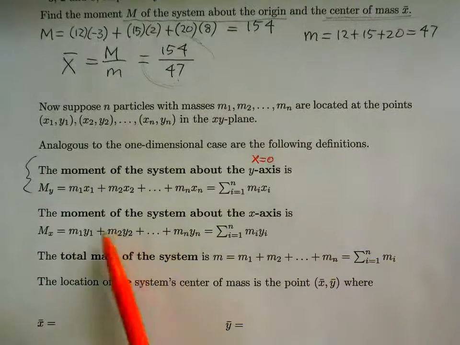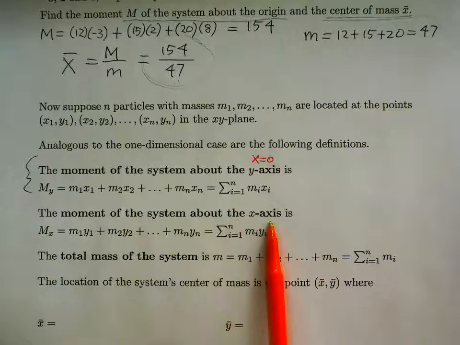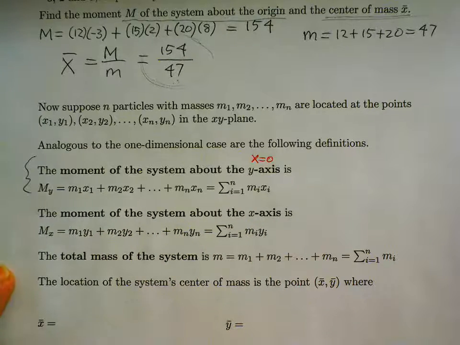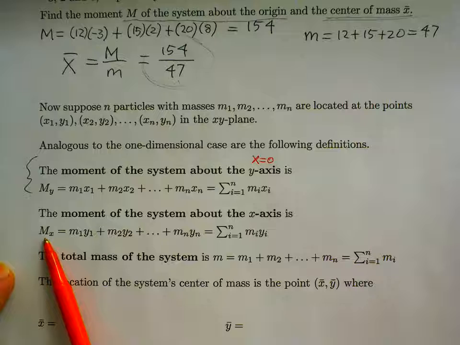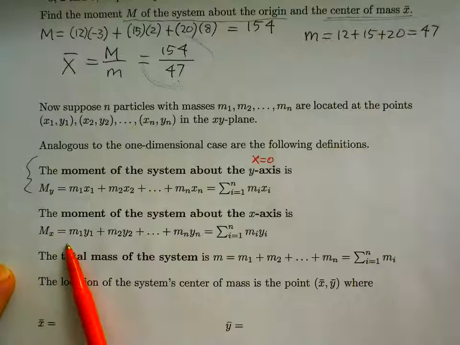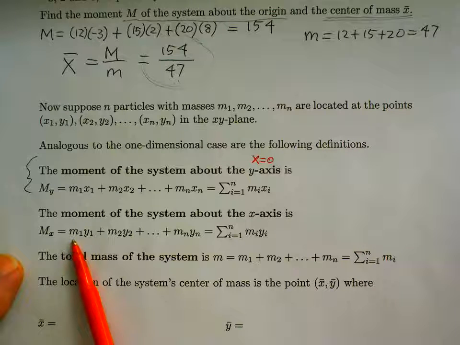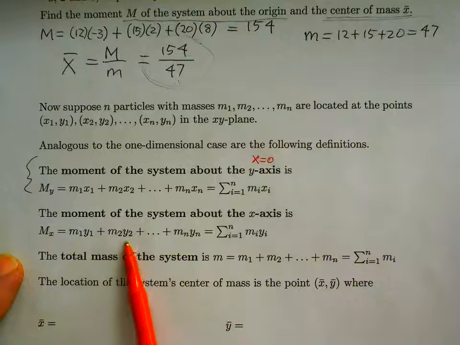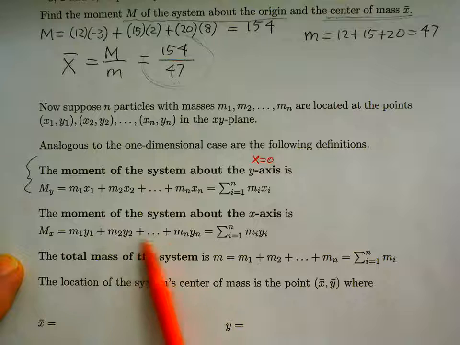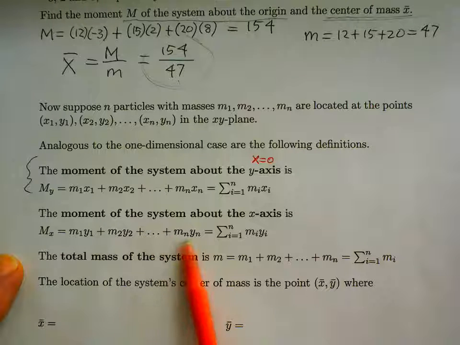Okay, and the moment of the system about the x-axis. This is denoted capital M sub x, and it's equal to m1 y1 plus m2 y2, and so on up through plus mn yn.